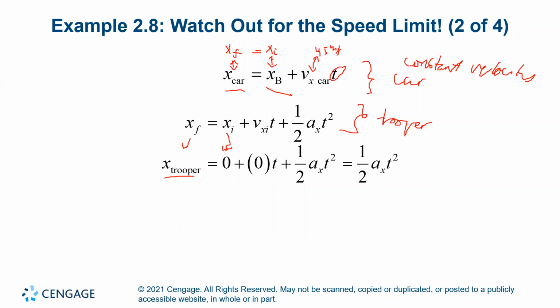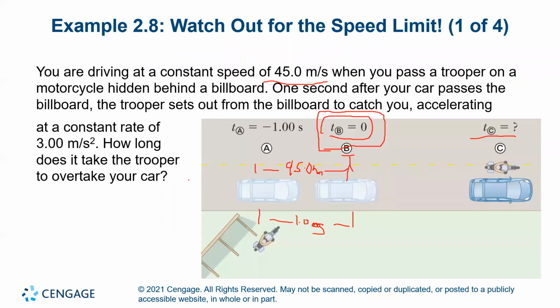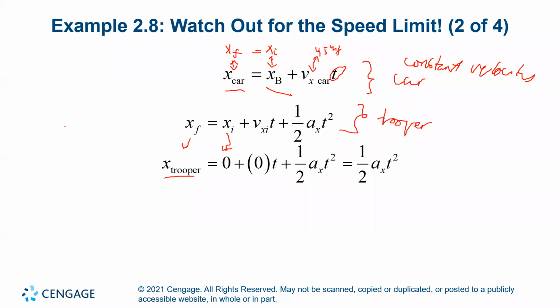And here is our x_i, the initial position of the trooper, which is 0 because we define our origin at where the trooper is behind the billboard. When the trooper is at x_i equals 0, the car is at x_B, which is 45 meters. The initial velocity of the trooper is 0. The acceleration of the trooper is 3 meters per second squared.